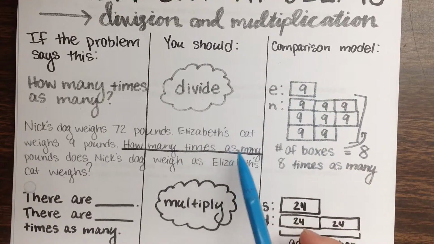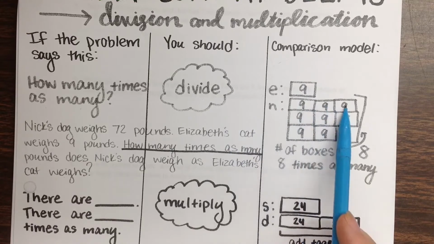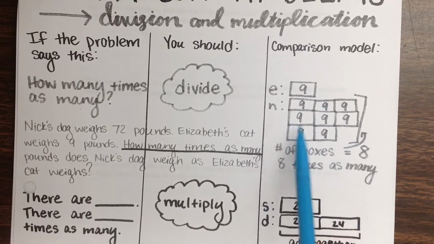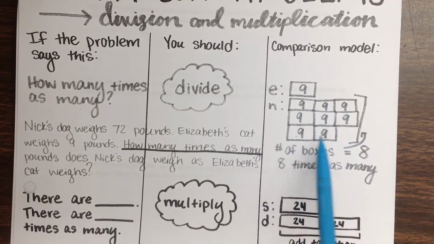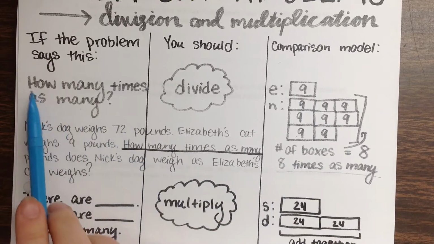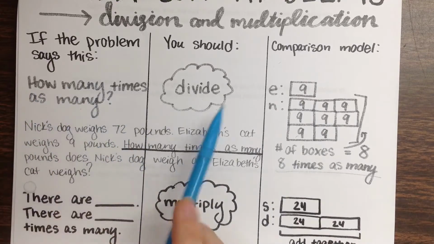Nick's dog weighs 9 plus 9 plus 9 plus 9 plus 9 plus 9 plus 9 plus 9, 72 pounds. And how many boxes are there? 1, 2, 3, 4, 5, 6, 7, 8. 8 times as many. So Elizabeth has a tiny little cat, and if you times it by 8, that's how much Nick's dog weighs. So if it says how many times as many, you're going to divide.